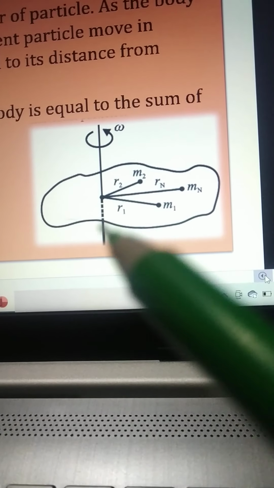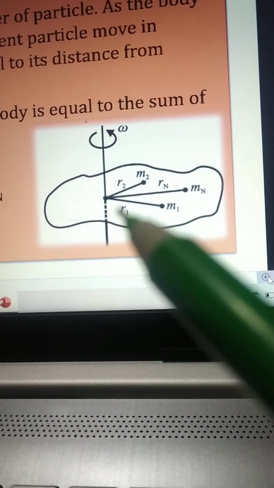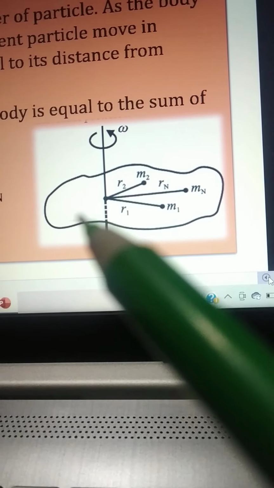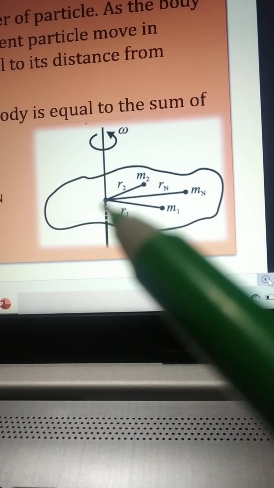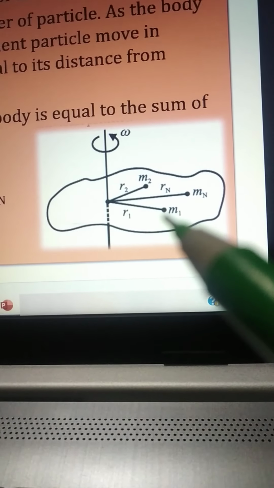Its mass is distributed as m1, m2 up to mn particles, and r1, r2 up to rn are the distances from the axis of rotation to each individual mass.